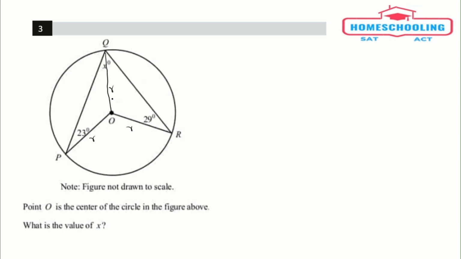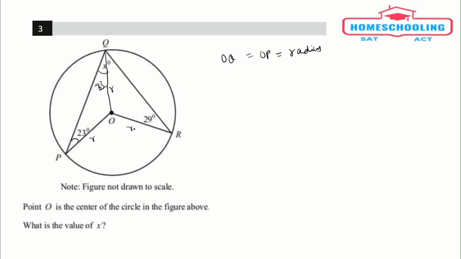OQ is equal to OP, which is equal to the radius. If the lengths of both sides are equal, then their corresponding angles would also be equal. So if this is 23, then this is also going to be 23.